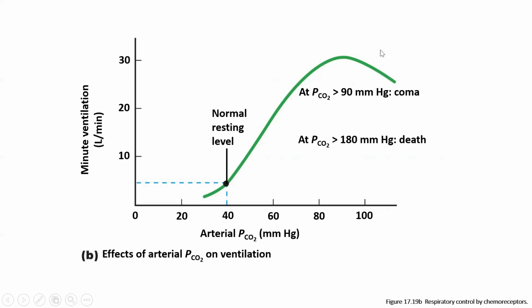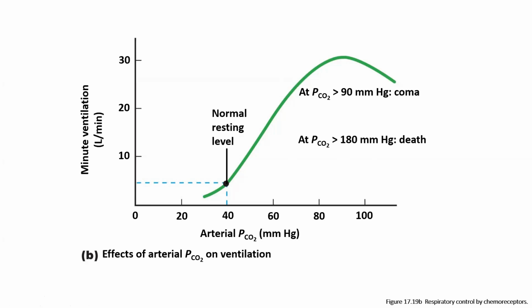And that's because our brain and our body is very, very sensitive to excess CO2. If CO2 goes greater than 90, that can result in a coma immediately. If it goes greater than 180, that can be fatal. So the body's much more sensitive to CO2 than it is to oxygen in terms of our rate of breathing.